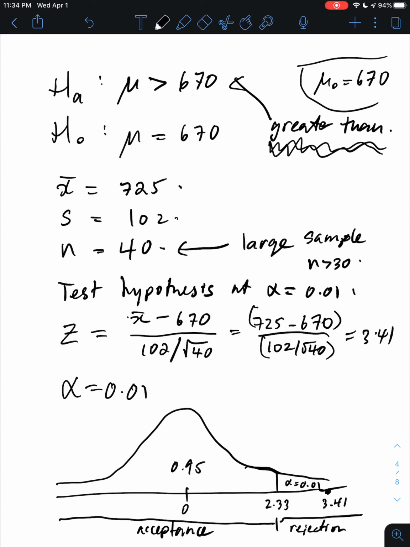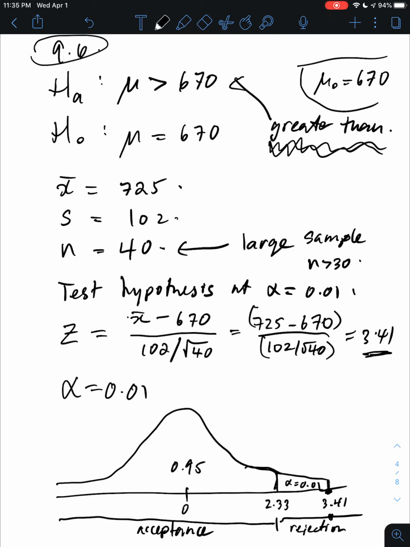So if you remember, this was an example from the textbook, example 9.6. We went through this, we calculated the Z value. Okay, so here is our graph. Here's the critical value. We see that this Z value falls in the rejection region. That means we're going to reject the null hypothesis.